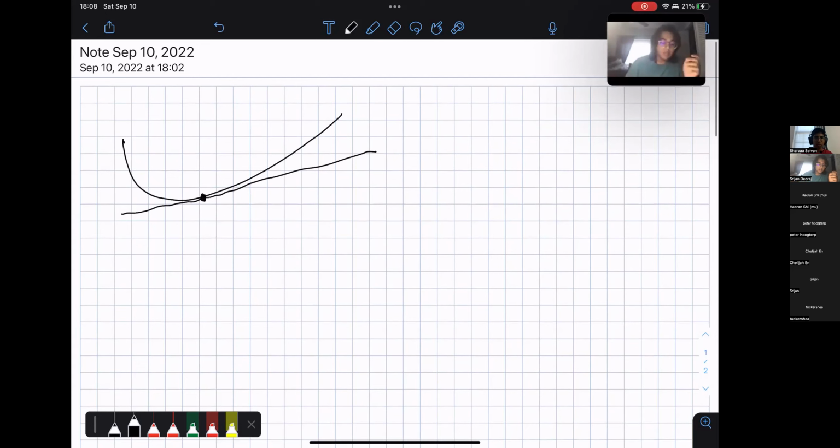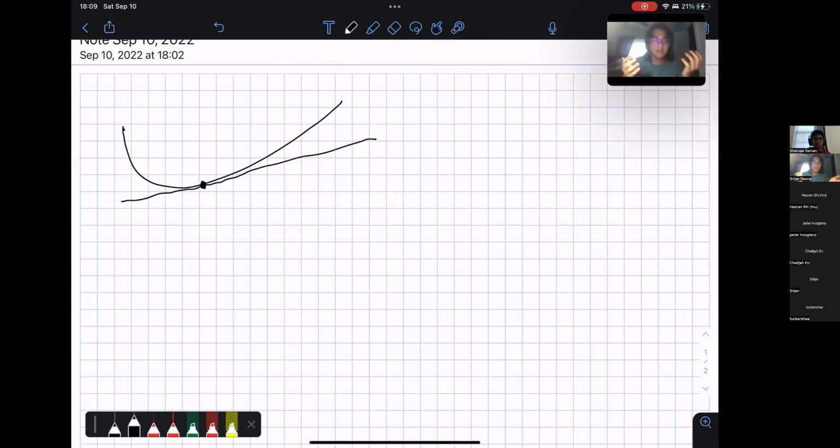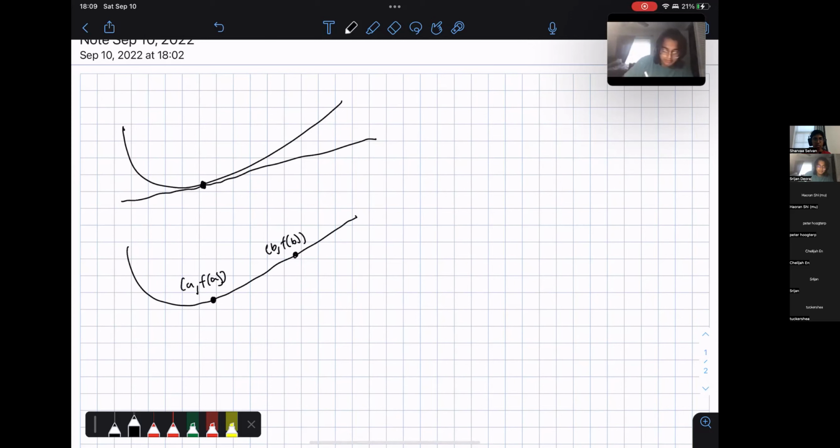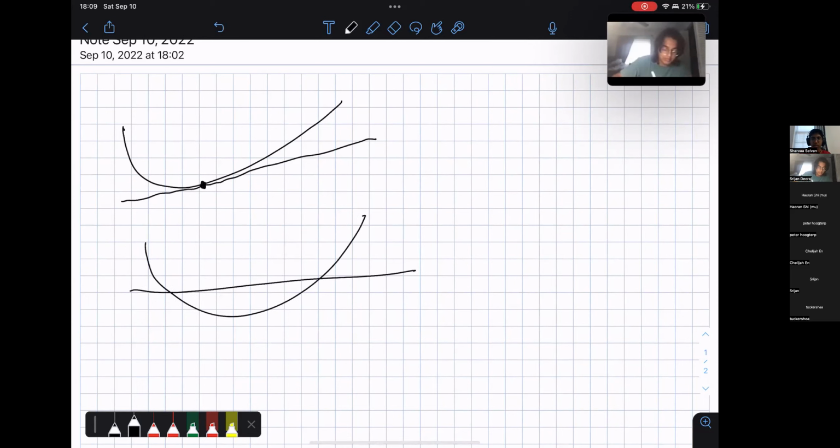The way they were able to solve it is by using the limit concept that we learned last time. First they took 2 points on the graph. Let's say this is a comma f of a, and this is a plus b comma f of a plus b. They drew a line through those 2 points. Let me draw this better. We call this a secant line.